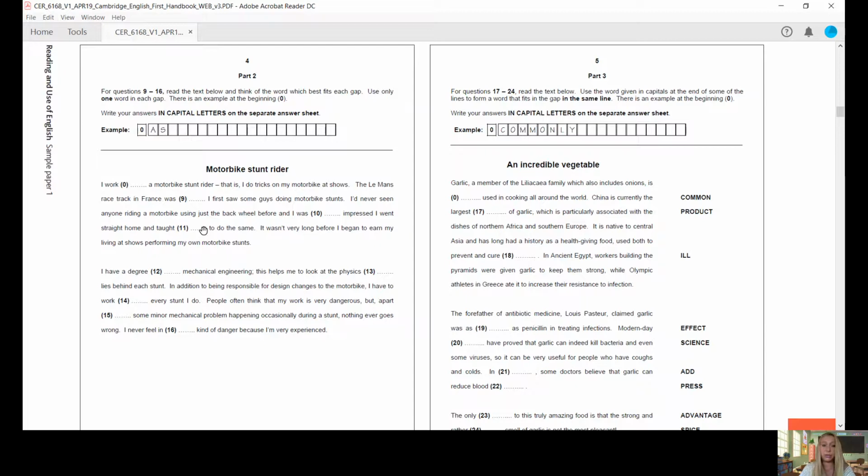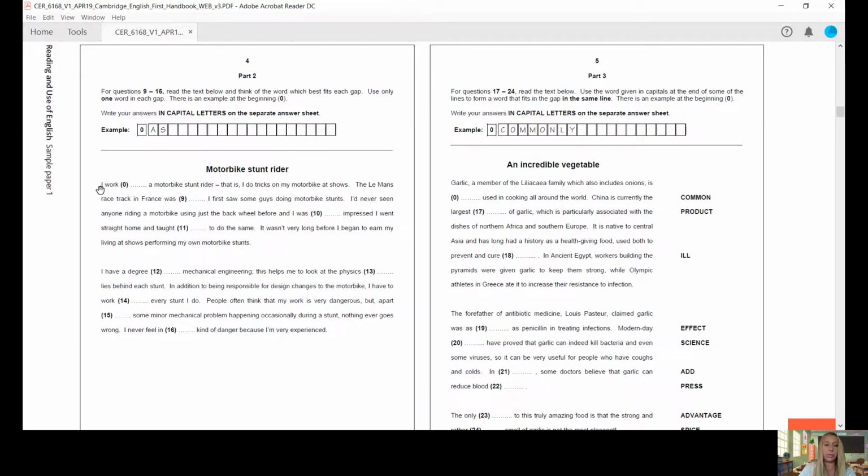The word comes from you, and here you write your answers in capital letters on the separate answer sheet. It's very important that you follow the instructions exactly. So there's your answer sheet, and that is where you will write your answer.